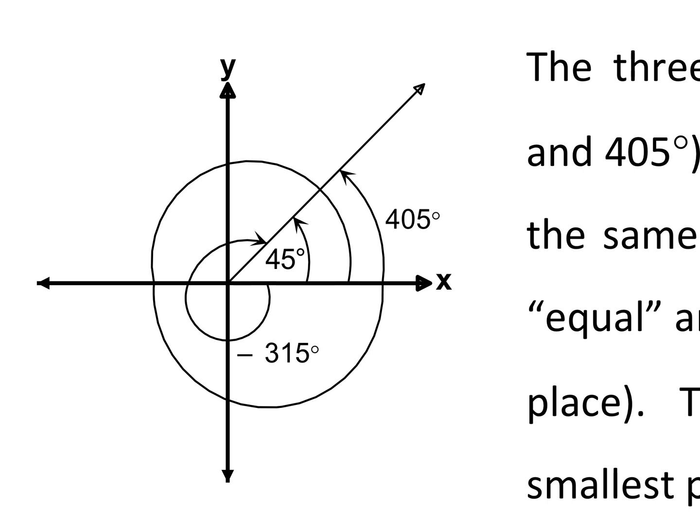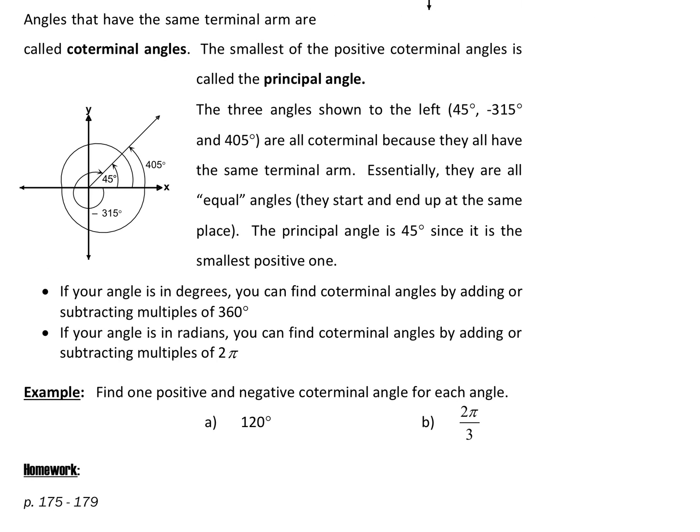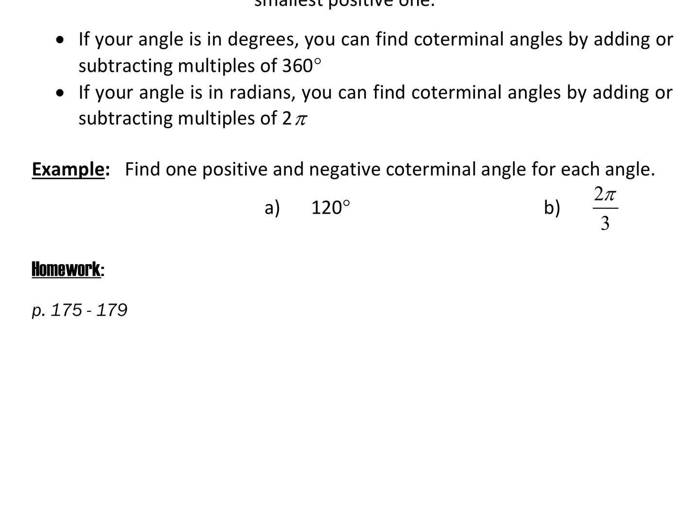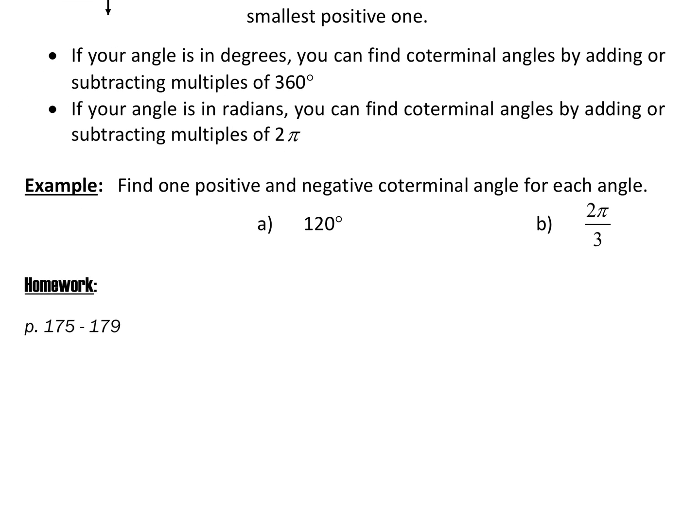You get coterminal angles by adding 360 or subtracting 360 any number of times. But when we're talking about radians, you can also add or subtract 2 pi any number of times.